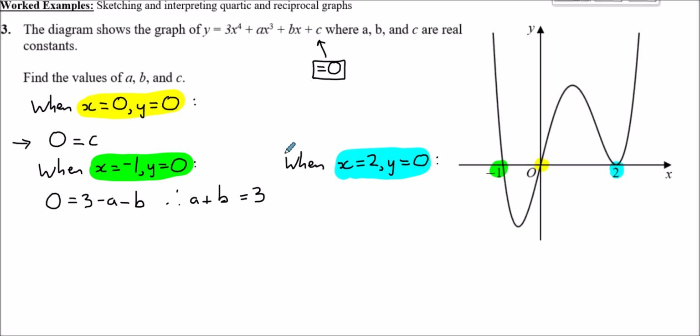So what we get over here, just section this out so we don't get confused, is 0 equals, well, 3 times 2 to the power 4. 2 to the power 4 is 16. Times that by 3, we get 48. A times 2 cubed is 8a, so 48 plus 8a. Bx is b times 2, which is 2b.